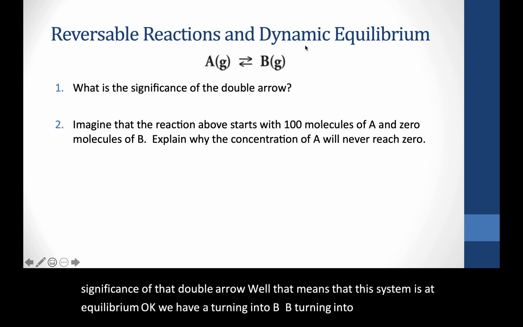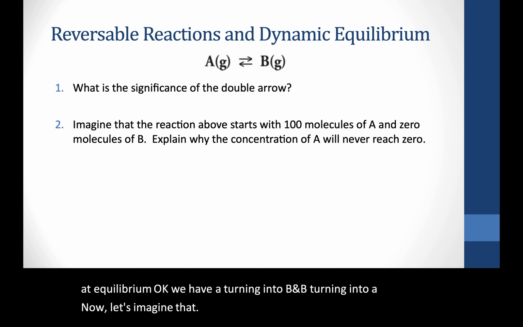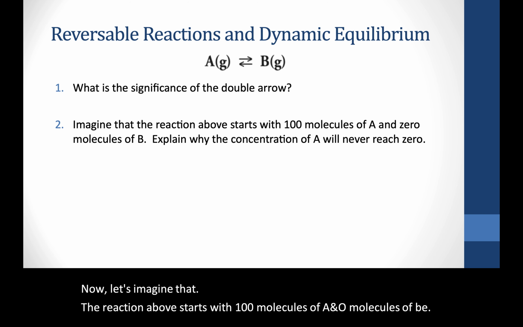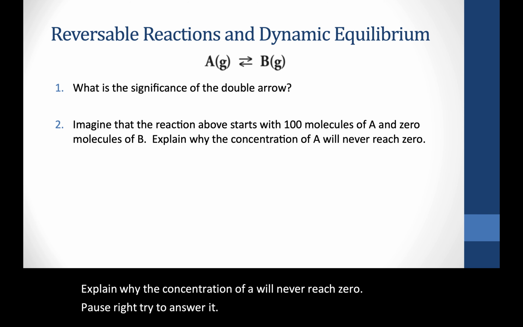Now, let's imagine that the reaction above starts with 100 molecules of A and 0 molecules of B. Explain why the concentration of A will never reach 0. Pause, try to answer it. Well, it'll never reach 0 because as A starts to turn into B, we start off with 100, then there's 99, 98, 97.